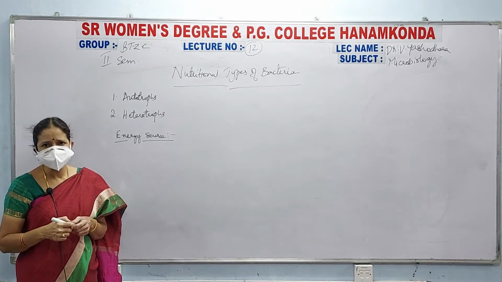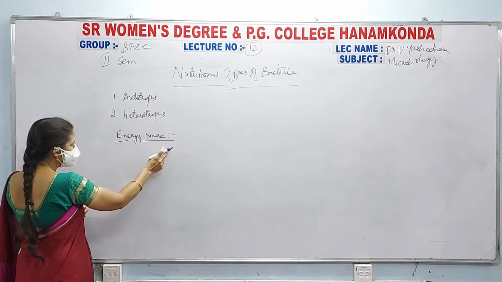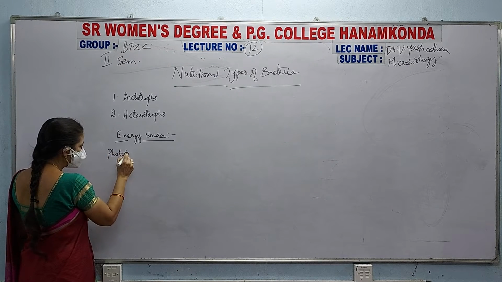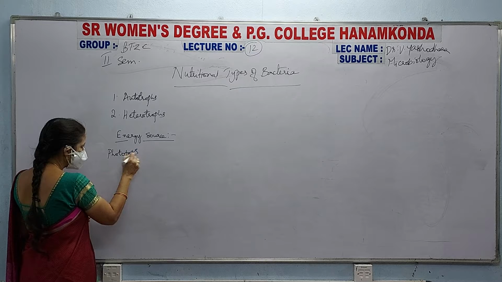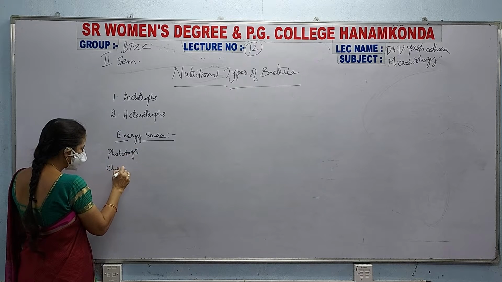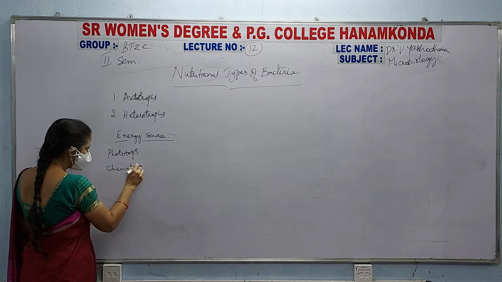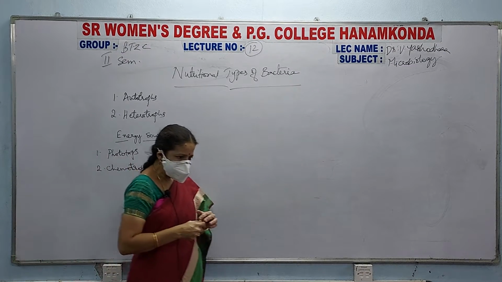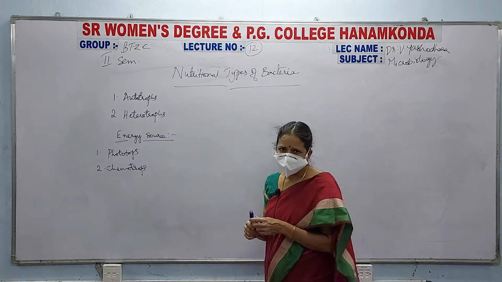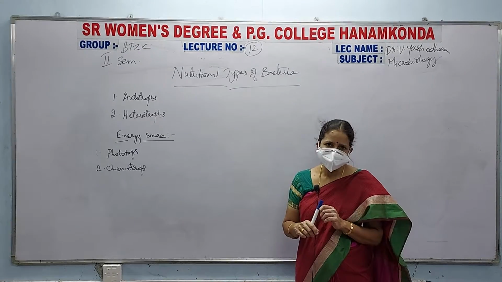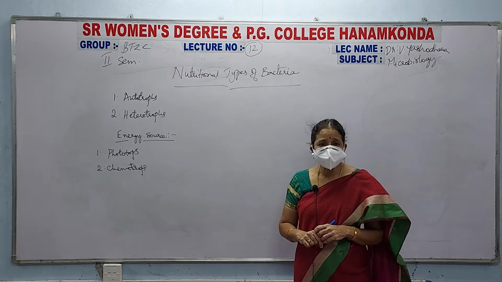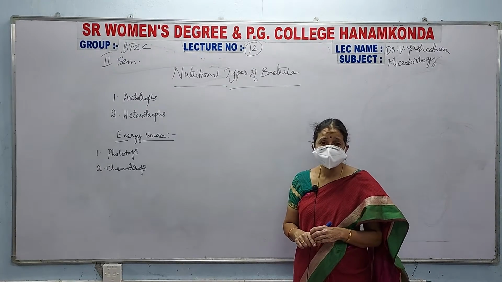What is energy source? See here, the energy source is phototrophs, next is chemotrophs. There are two types of organisms. The microorganisms are classified into two types depending on the type of energy source they are absorbing for the synthesis of their food.